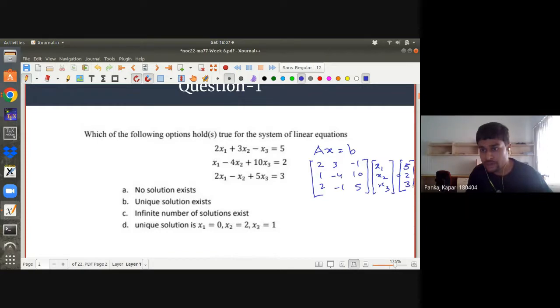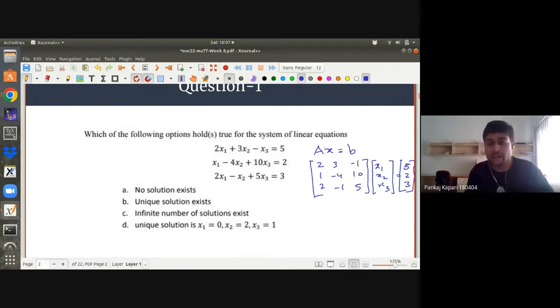Note that this system of equations is equal to this matrix equation, or you can say vector equation, where we multiply this matrix A with the unknown vector x and get the vector b. We have to find if a solution exists for this system, and then find the value of x.